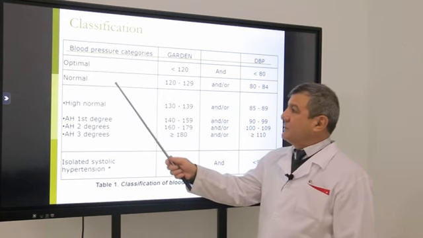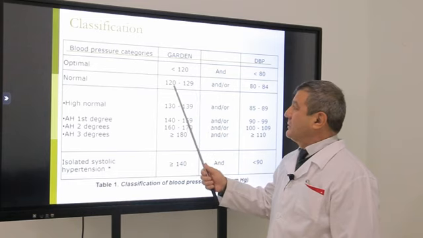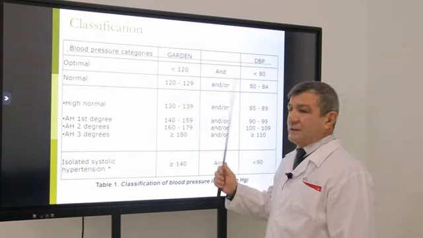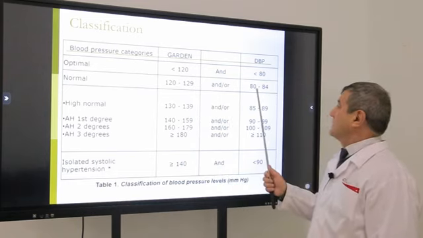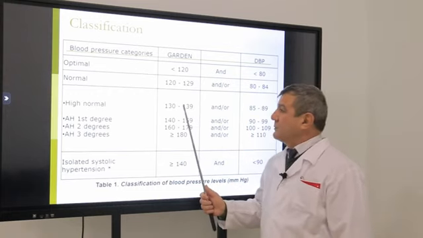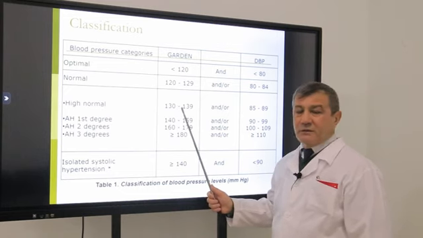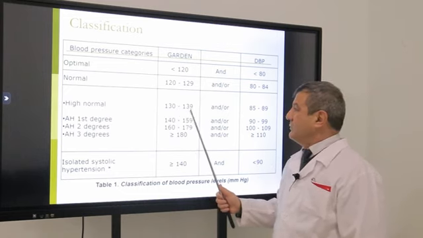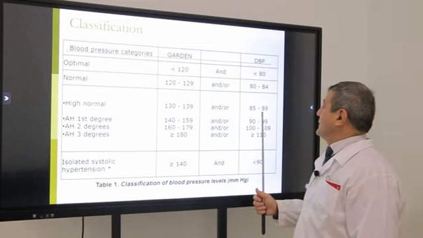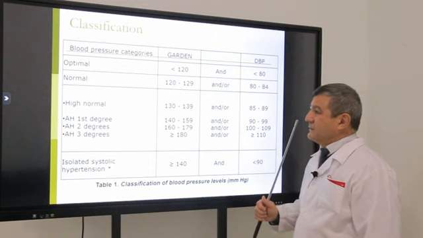Normal blood pressure is systolic 120 to 129 and diastolic 80 to 84. High normal blood pressure is systolic 130 to 139 and diastolic 85 to 89.